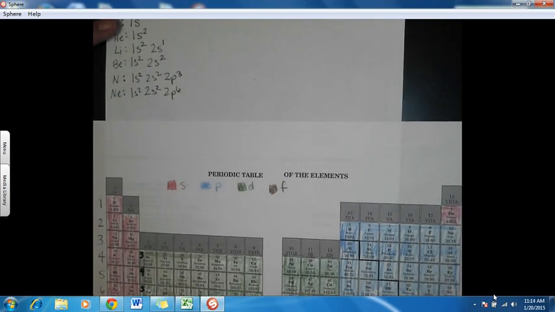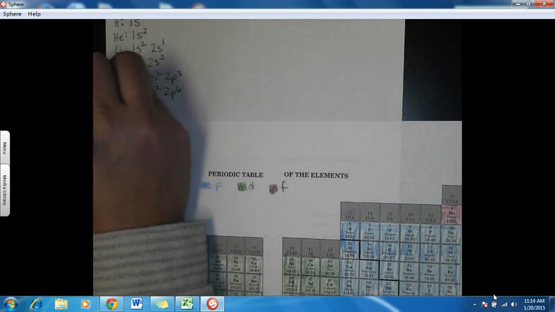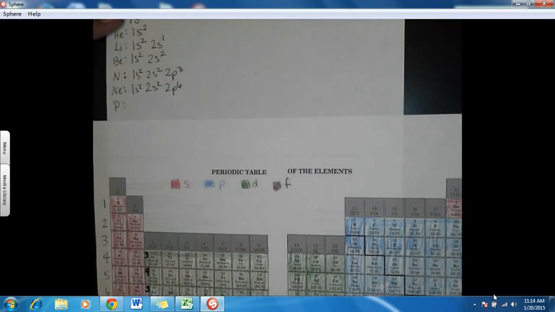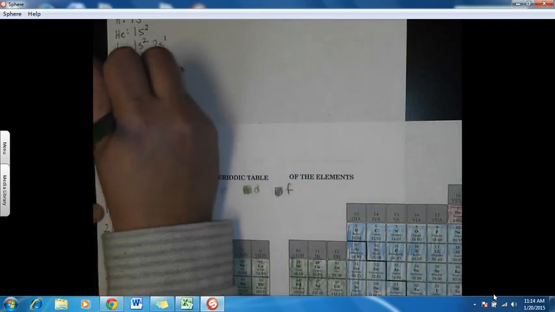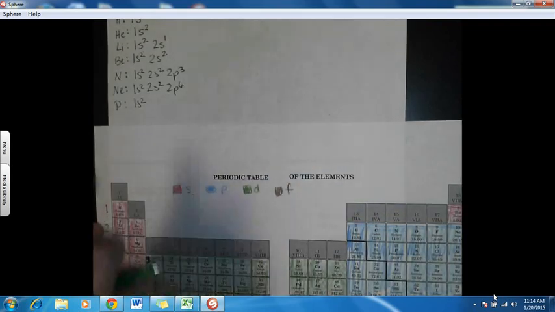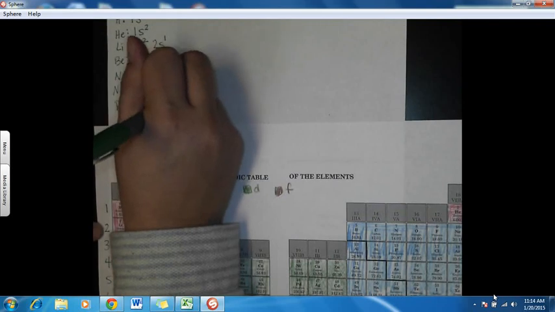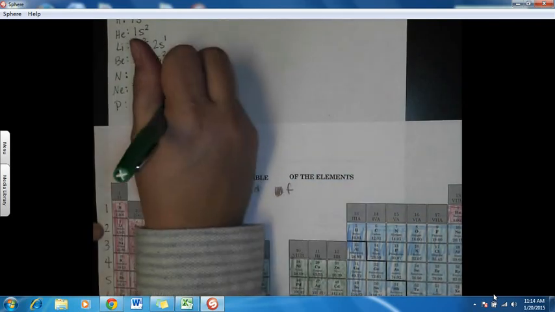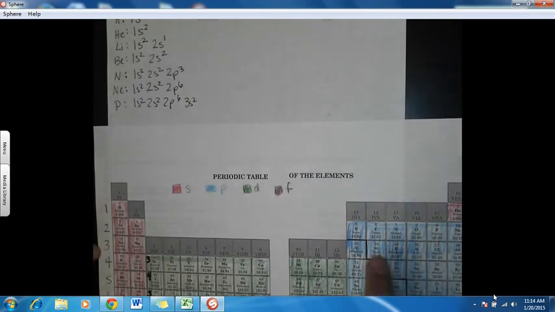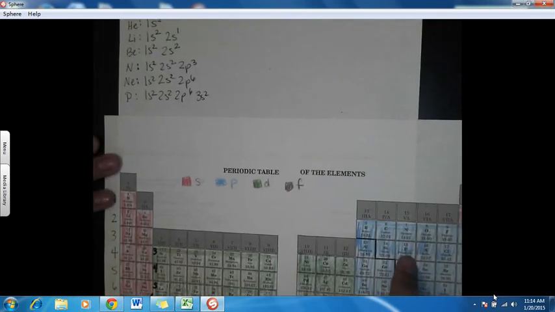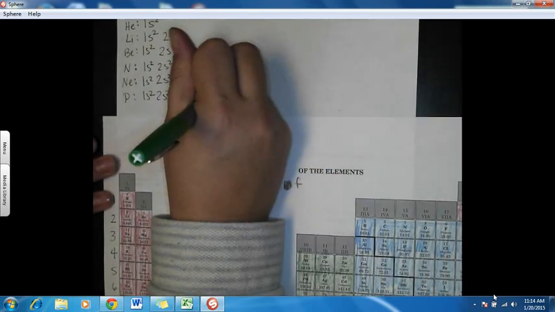Let's do phosphorus. Starting from the beginning, 1s2, then 2s2, 2p6, 3s2, and then 3p, and phosphorus is the third one. So that's where we would stop, 3p3.